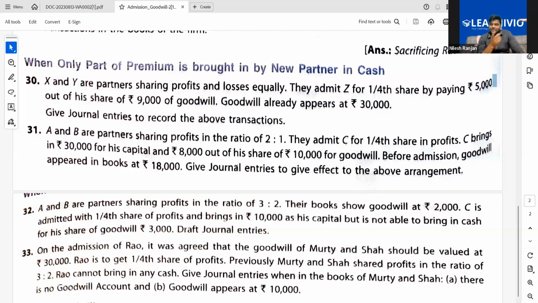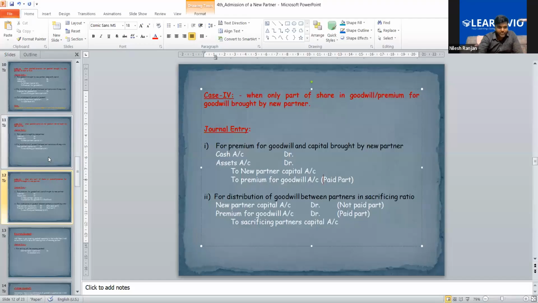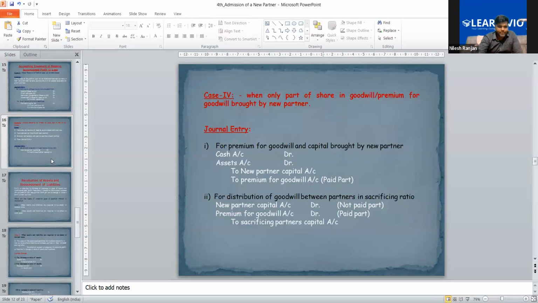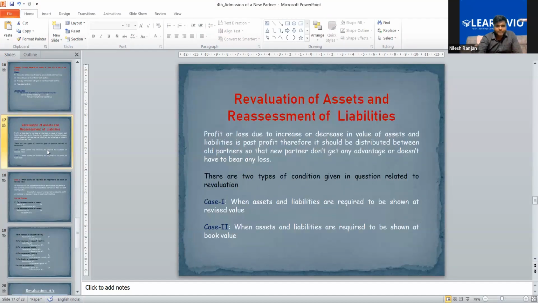Yes, sir. Okay. So I will just repeat the revaluation concept one more time. And in this also, there are two cases for revaluation of assets and liabilities. So here what we are doing, we are calculating the profit or loss due to increase or decrease in the value. Why? Because a new partner is coming and we don't want to give any profit or loss share to the new partner.